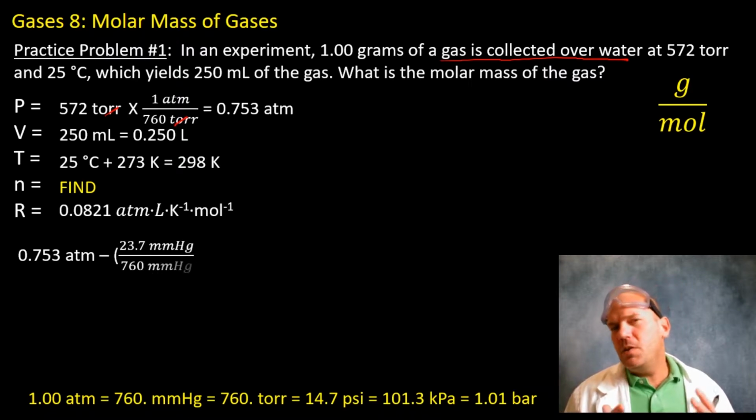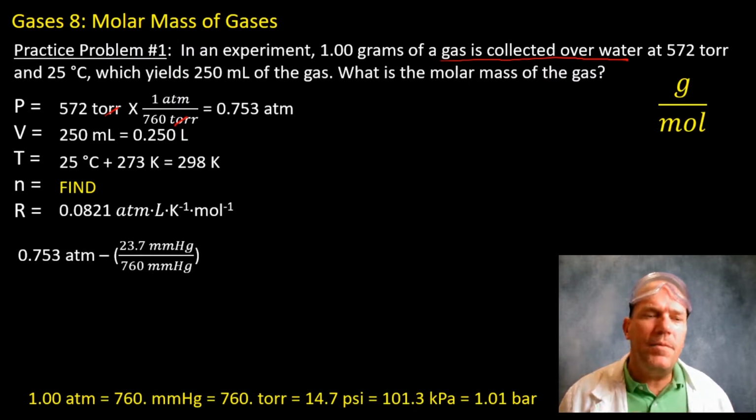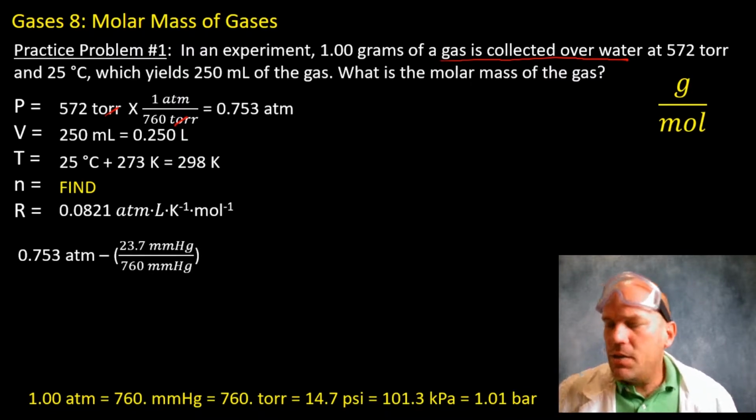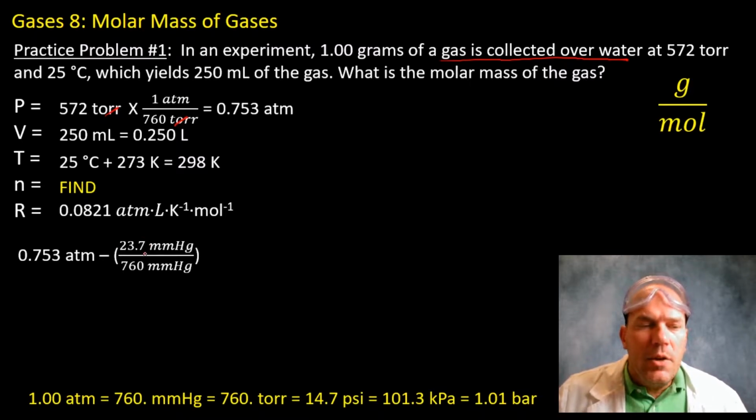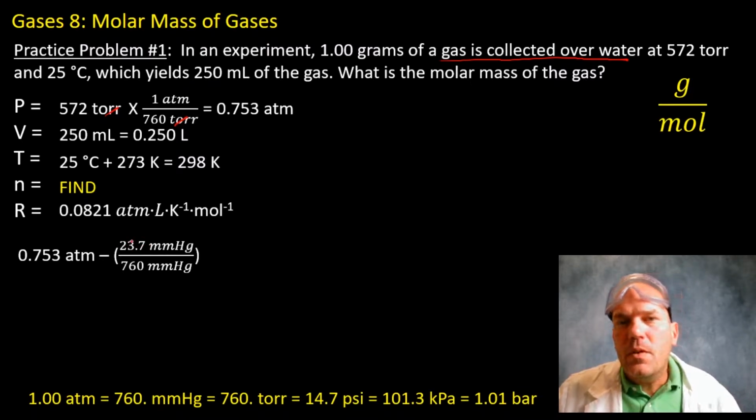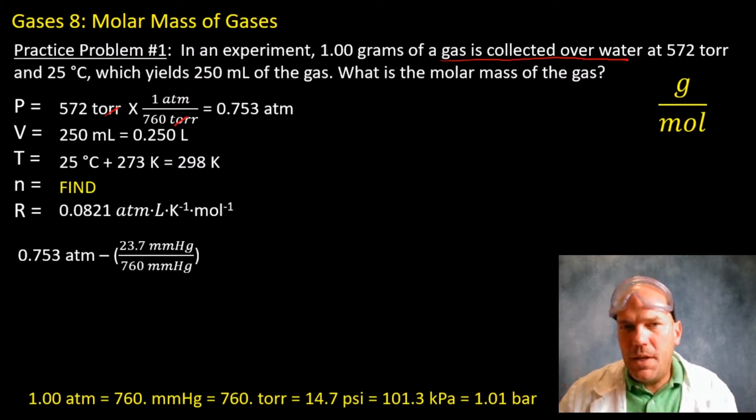So here we have our 0.753 atmospheres. And just like we've done in the past, where did this number come from? From the table. From the table I just showed you at 25 degrees Celsius.